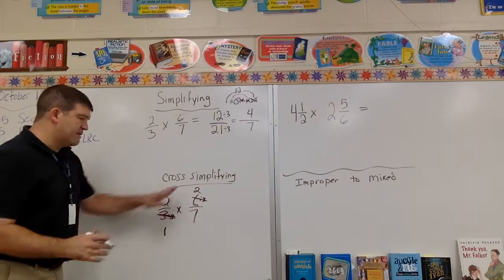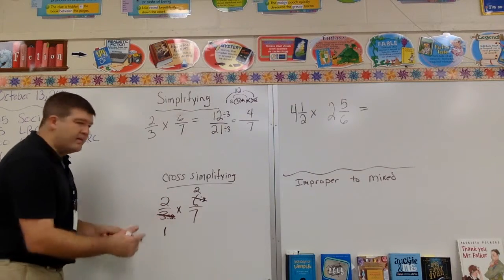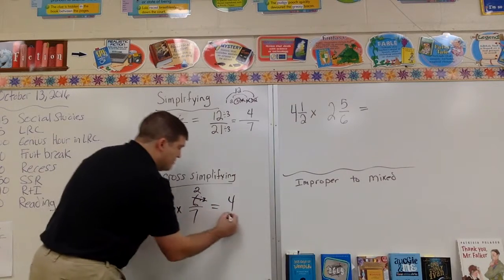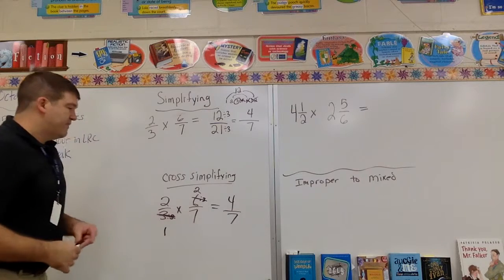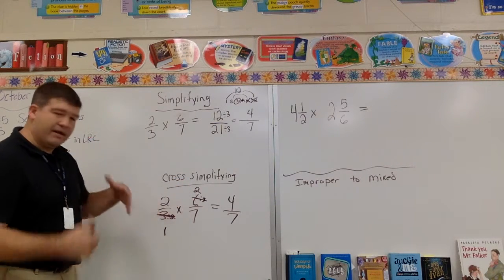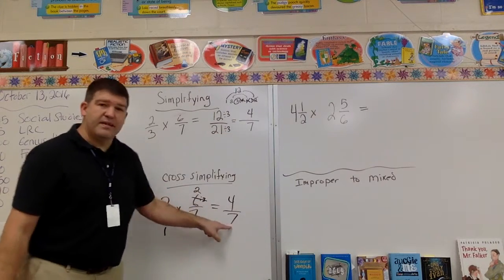Okay? I still have the same fractions, I just simplified it. Now I'm going to go across. 2 times 2 is 4, 1 times 7 is 7. I showed my work, what I did to reduce the top and the bottom, and then I multiplied across, and I got 4/7, which is the same as here.